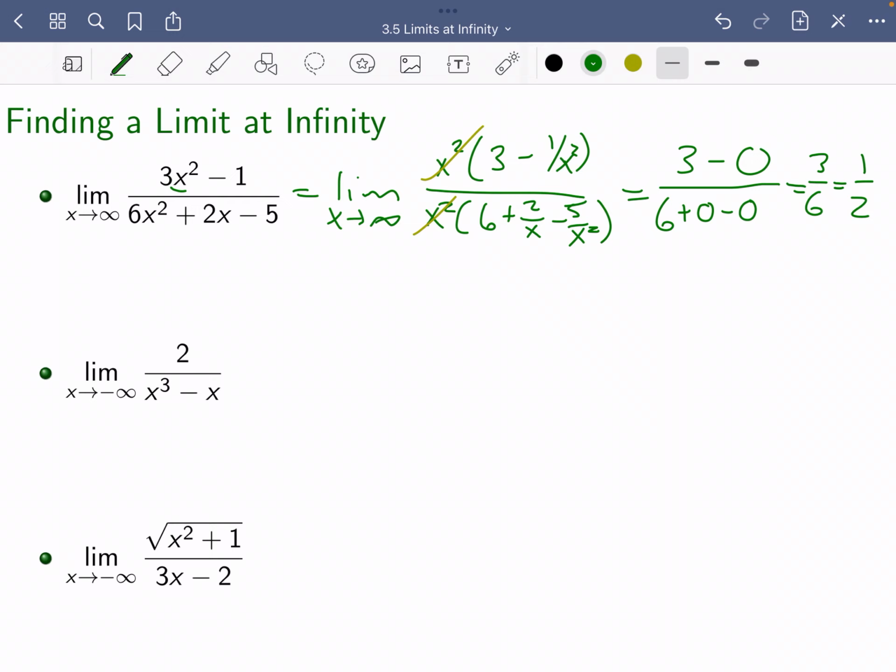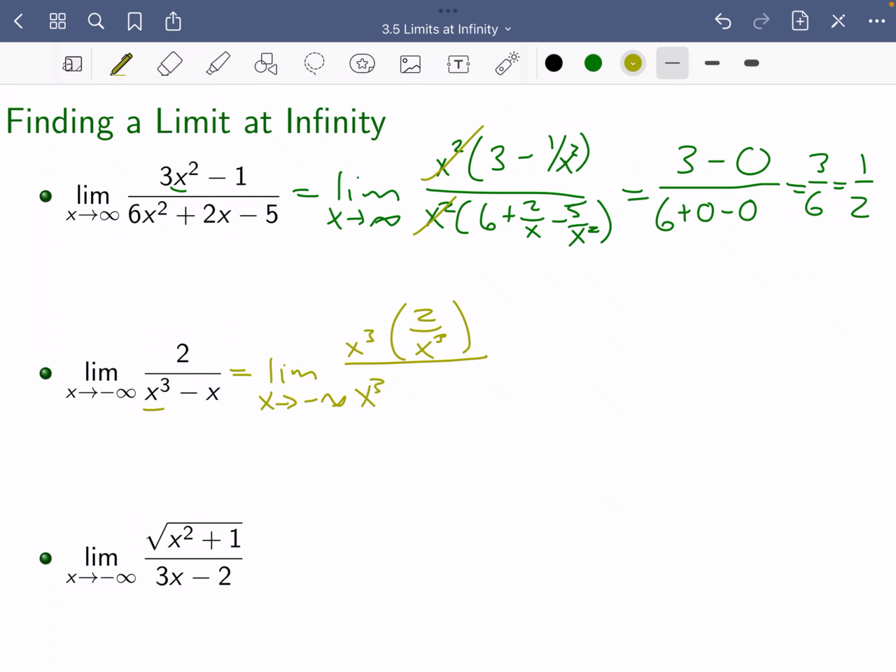On the next one, another way you could think about this: here we have 2 over x cubed minus x. Instead of factoring out x squared, we can factor out an x cubed from both the top and the bottom. Factoring out an x cubed from the top is a little bit strange to think about because there's not an x cubed to begin with, but that top will become 2 over x cubed.